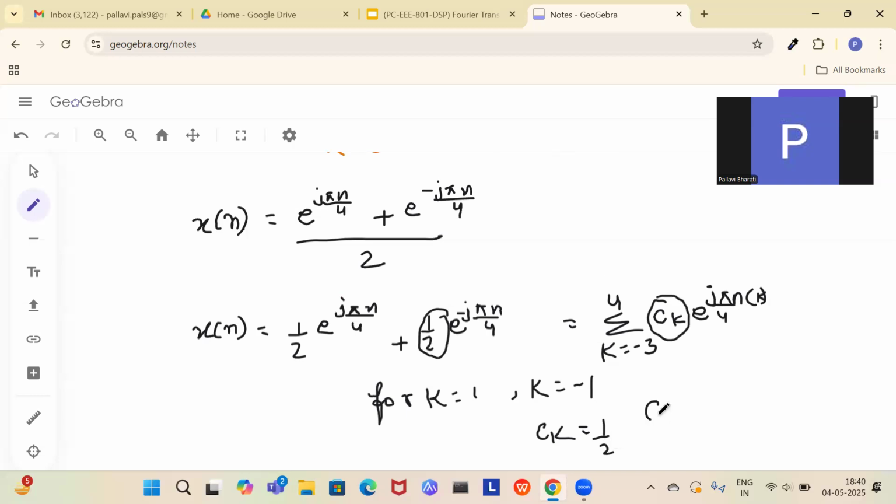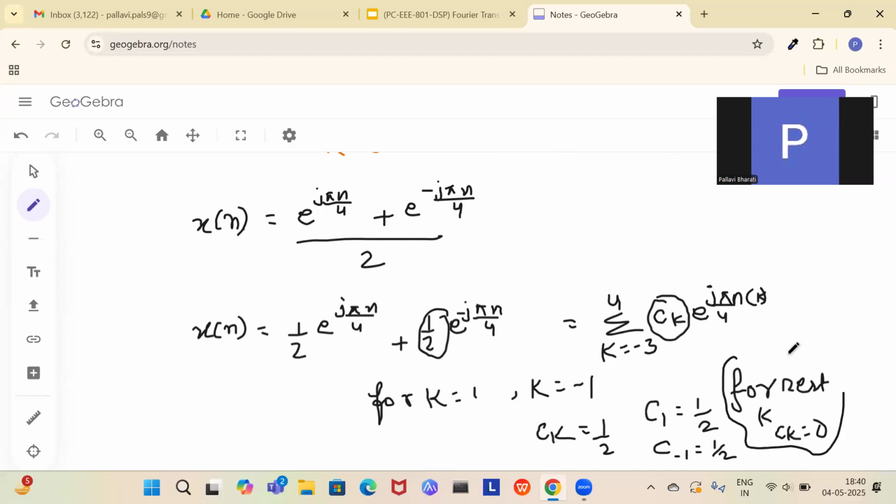So c of 1 equals half, and c of -1 equals half. For all the rest of the values between -3 to 4, for rest k, c_k is equal to 0.